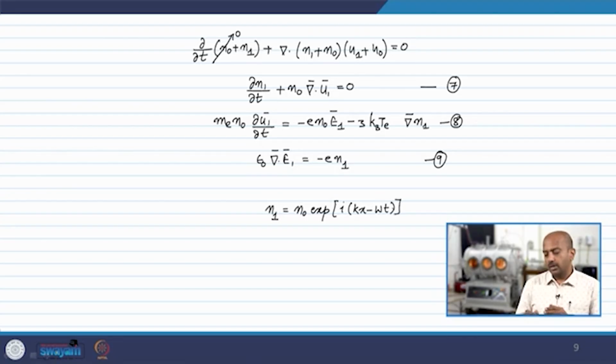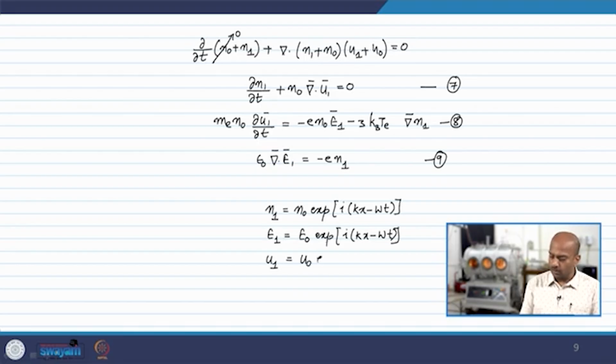So, you are describing a sinusoidal variation in one dimension, along the x direction, and the electric field E1 as E0 exp(i(kx - ωt)), and u1 the velocity as u0 exp(i(kx - ωt)).